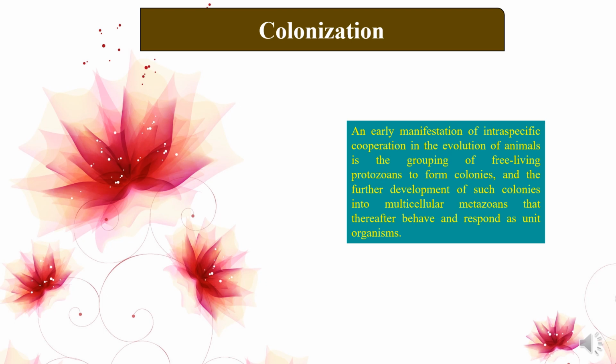Whether the first gathering of protozoan cells to form colonies developed for better protection from some predator or environmental condition, improved utilization of food supplies, or more efficient reproduction, it is impossible to say. The colonial form, however, must have had some survival value.